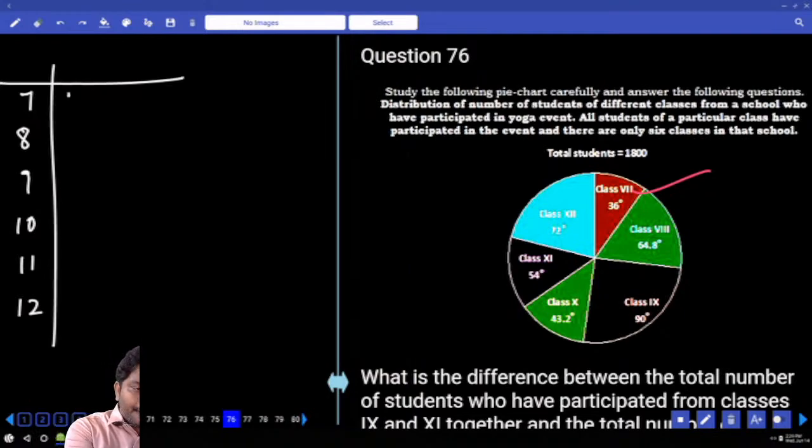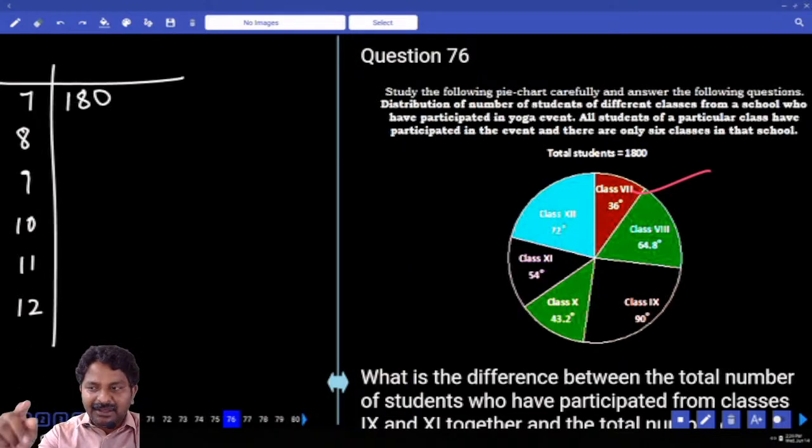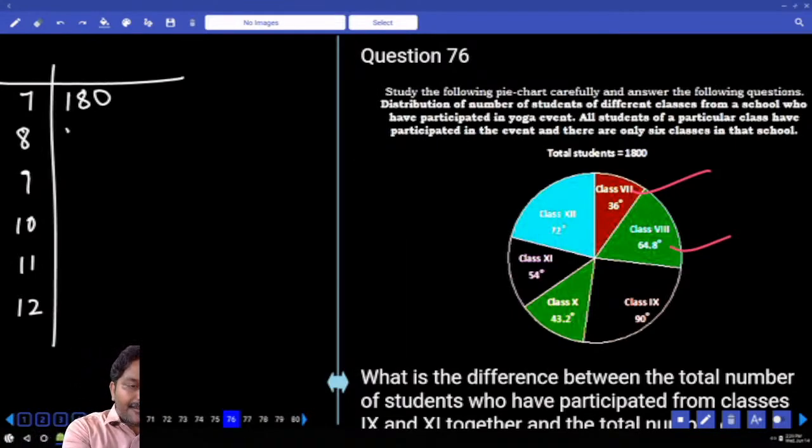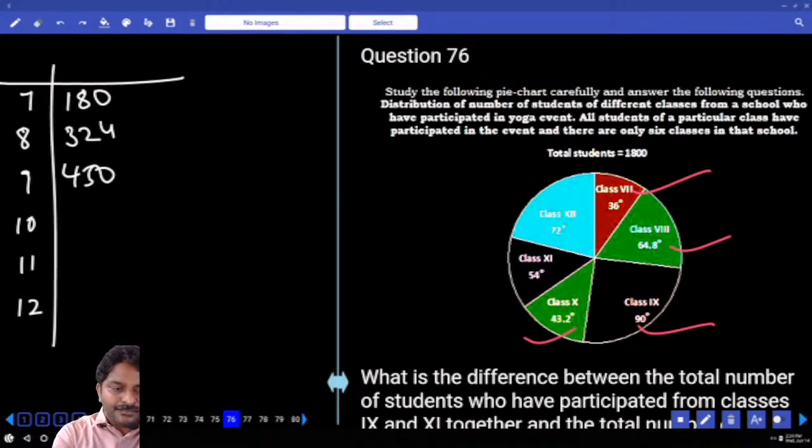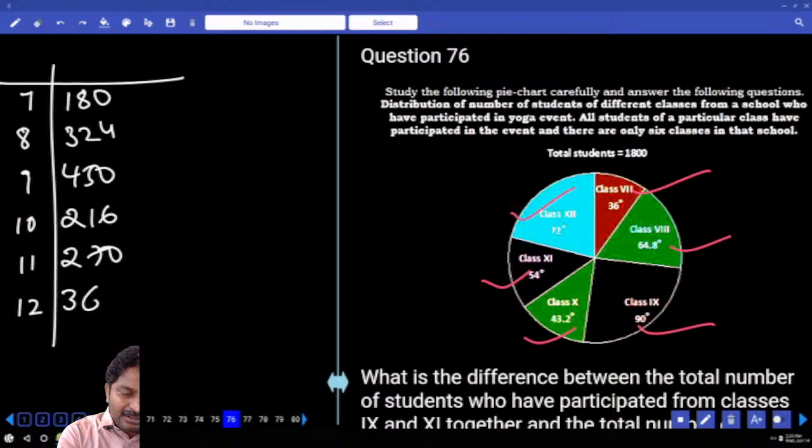How much is that? 180. Take 10 times and half of it. 10 times: 6, 4, 8. Half: 3, 2, 4. Then again 10 times and half of it, and so on.